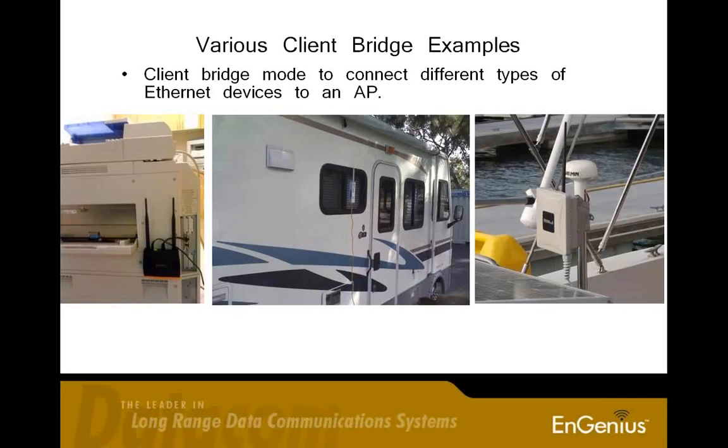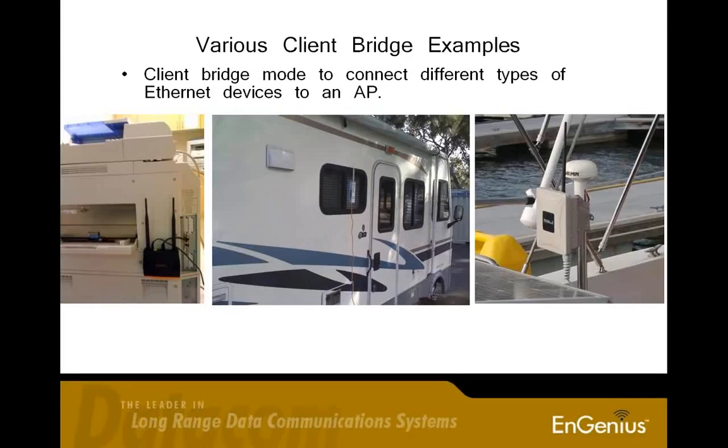It's basically a miniaturized version of the EOC 2610. It boasts 200 milliwatt output power. What's good about this device is it's more of a semi-permanent device, which can be easily mounted onto a window. And to the right is an older EOC client bridge model, which is being used on a boat in a marina as a client device.